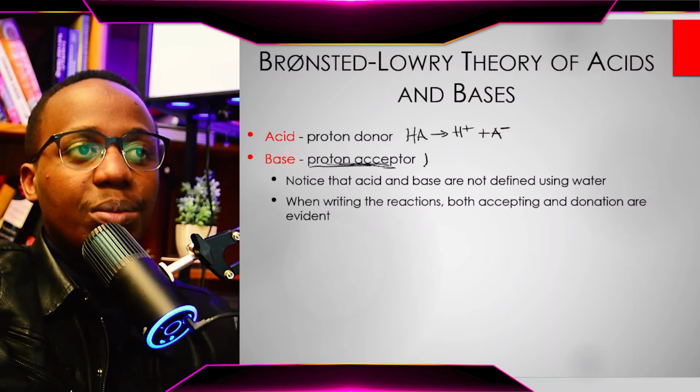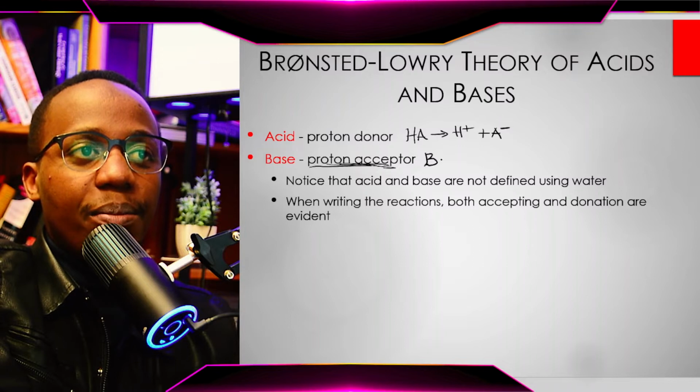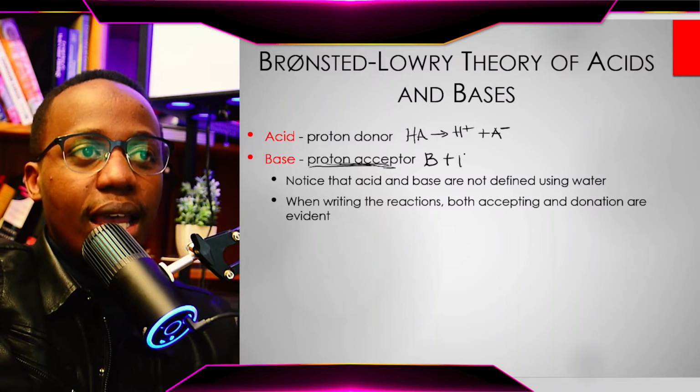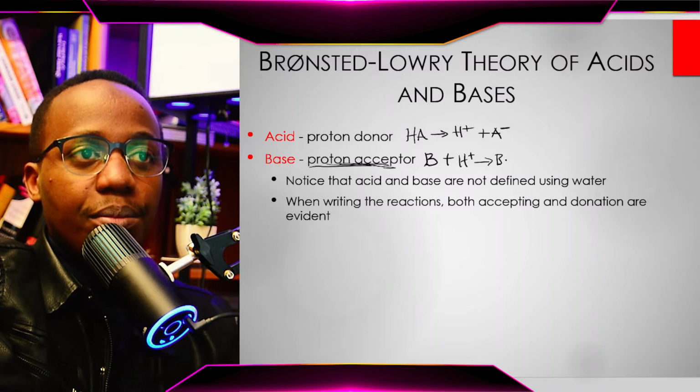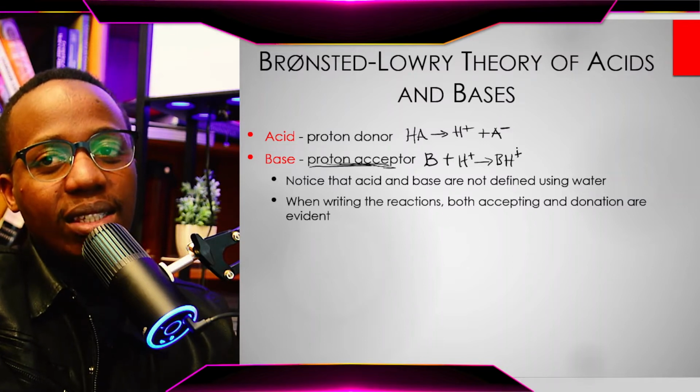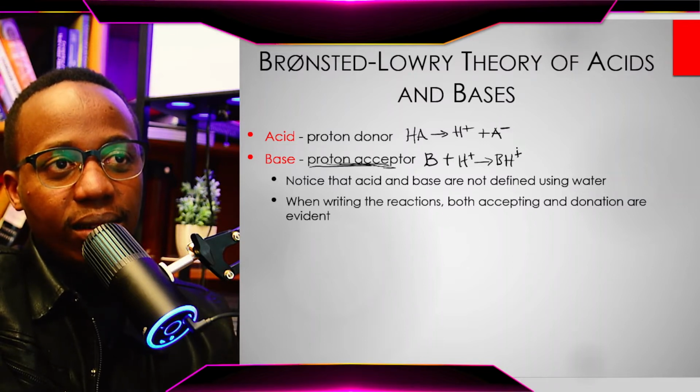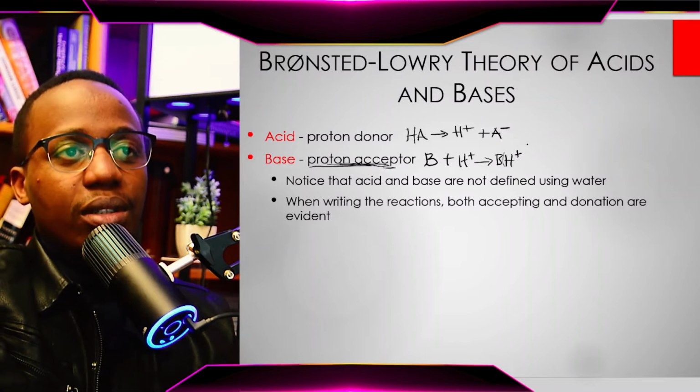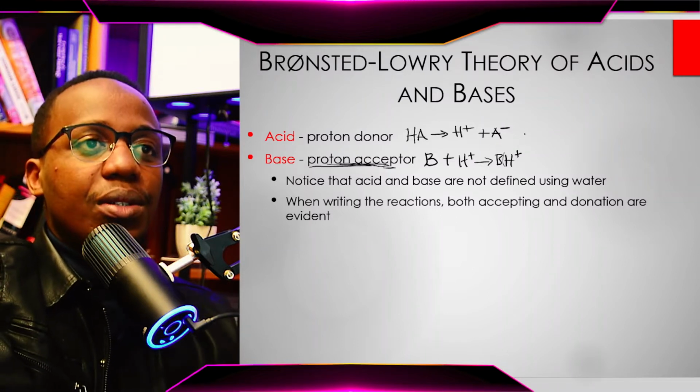So a base will be represented now by B plus H plus will give you BH plus, right? A base is something that gets a proton, right? So now let me show you something.